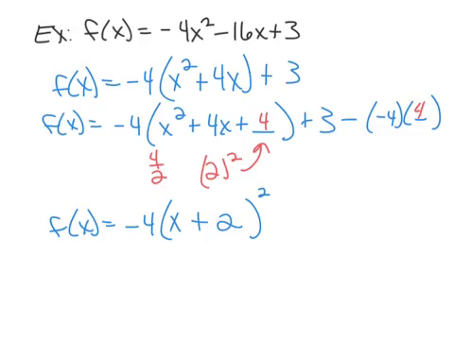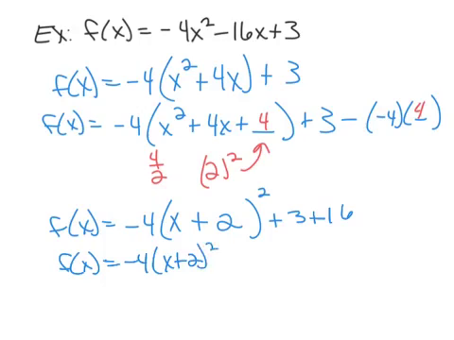And then on the outside, I have plus 3. And when I simplify this, I have negative 4 times negative 1 times 4. Well, this is negative 16 that I'm subtracting away, so it's addition, plus 16, which means my final answer is negative 4 times x plus 2 quantity squared plus 19.